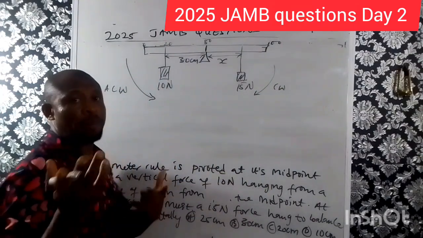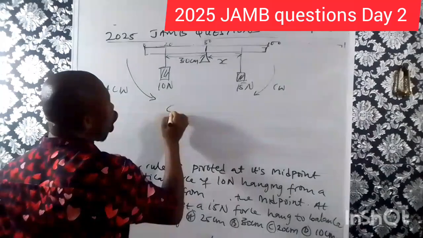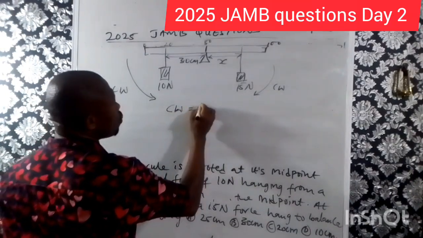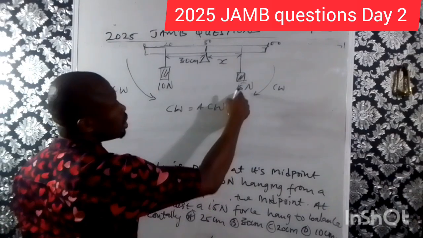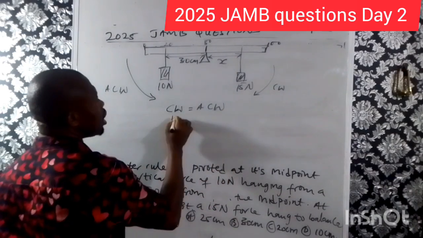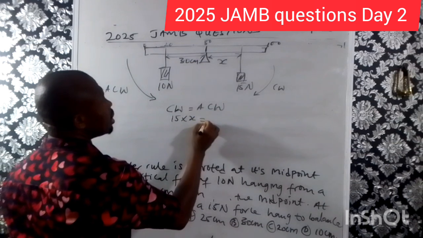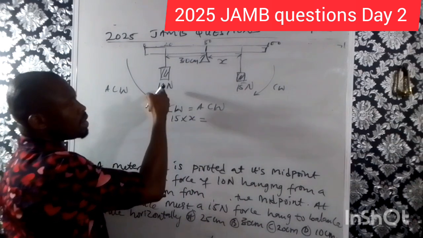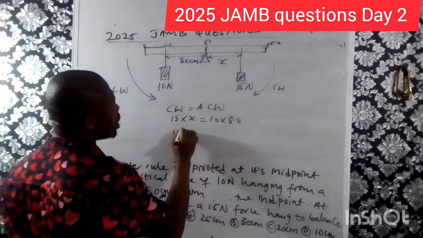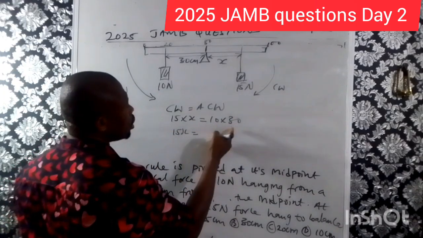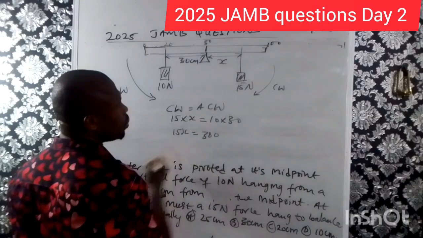Now, from the principle of moments, clockwise moment is equal to anti-clockwise moment. So clockwise moment is this times this, which is 15 times x, is equal to the anti-clockwise, this times this, 10 times 30. 15x is equal to 300.